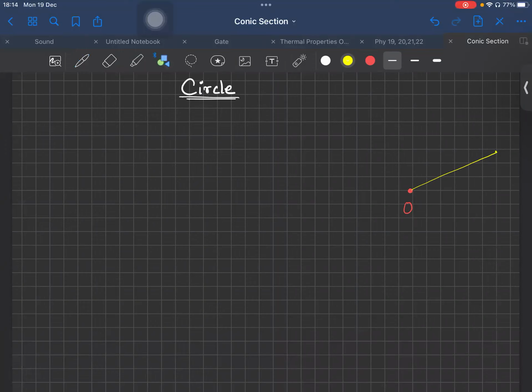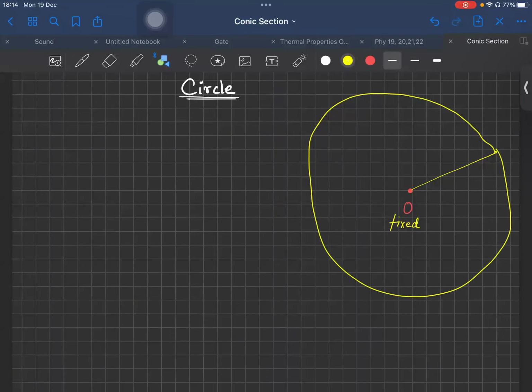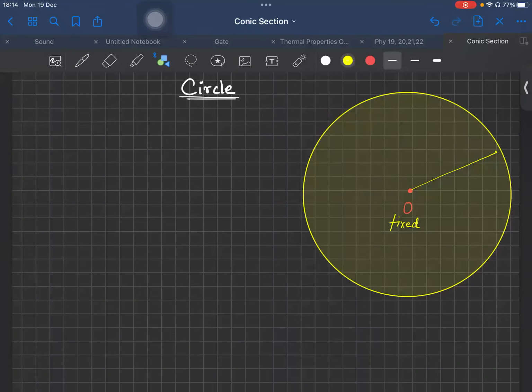Because this point O is fixed, if you trace this, what you'll get? You'll get a circle, isn't it? Yes or no?